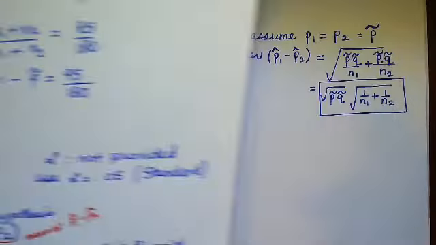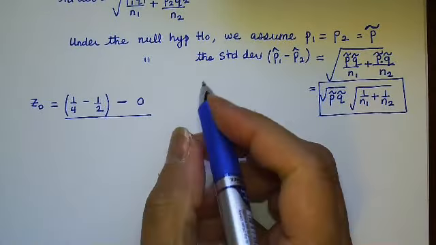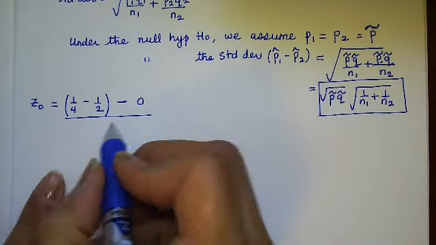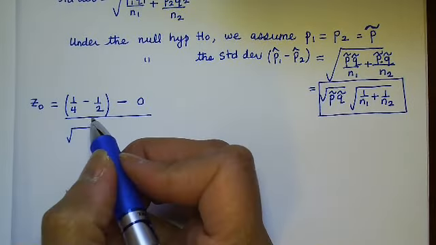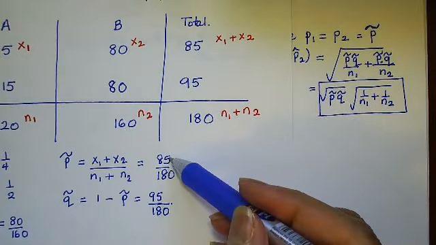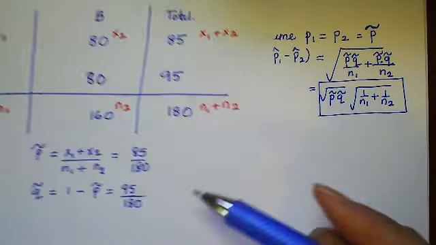So I'm picking up this number right here, 0. P1 minus P2 under the null hypothesis is 0. So this is a 0 divided by the square root of P tilde Q tilde.